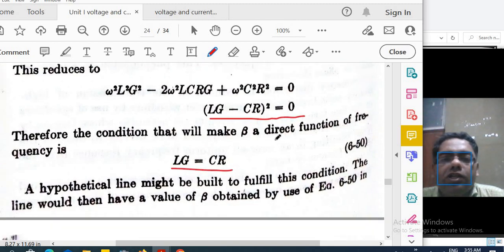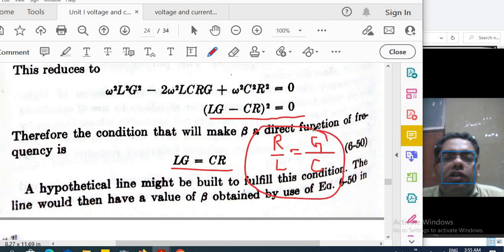This can be written in the more popular way: R by L equal to G by C. This is the condition for avoiding the delay distortion or phase distortion. In the next video we will see another distortion and how to avoid it.